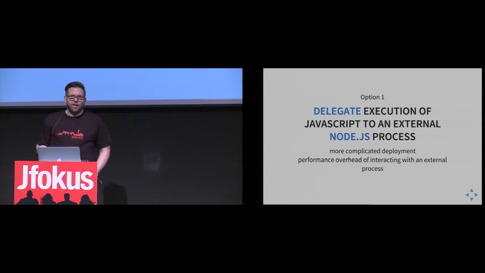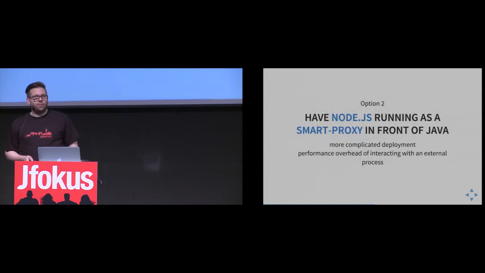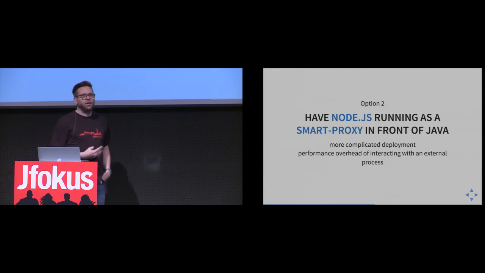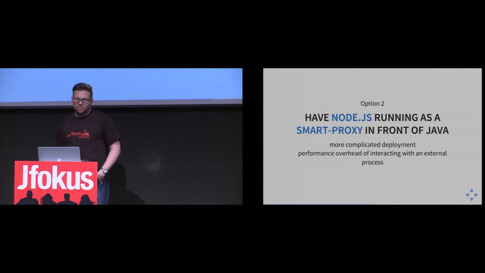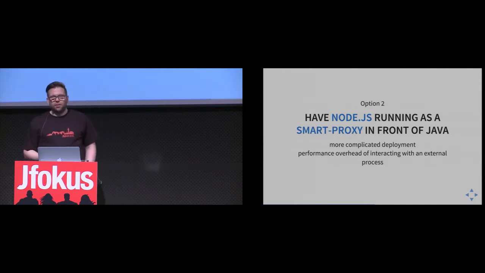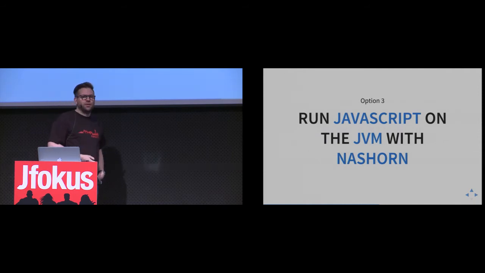So let's use Node.js as a smart proxy in front of our Java environment. The same drawbacks. I have to deploy at least one more system, and performance is another thing. So let's use Nashorn for the win.